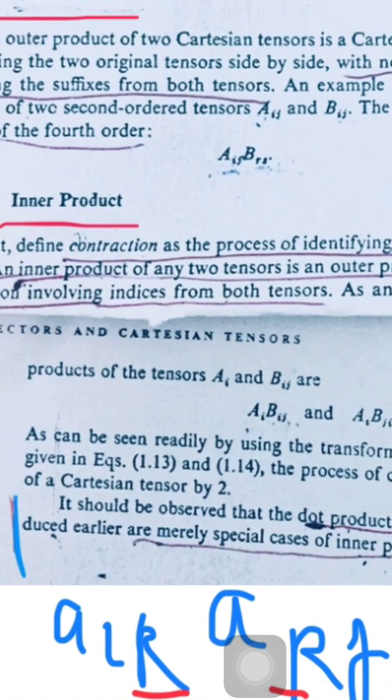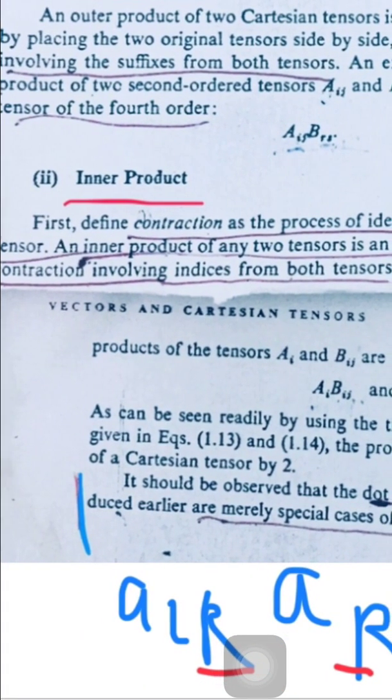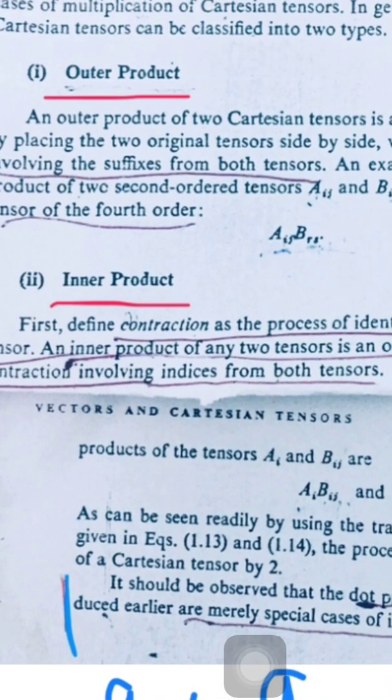It may be written as Aij Brs, and it becomes a tensor of fourth order, two indices of Aij and two of Brs. So this is an outer product where the order of tensor increases. They are taken side by side and increase in the order.